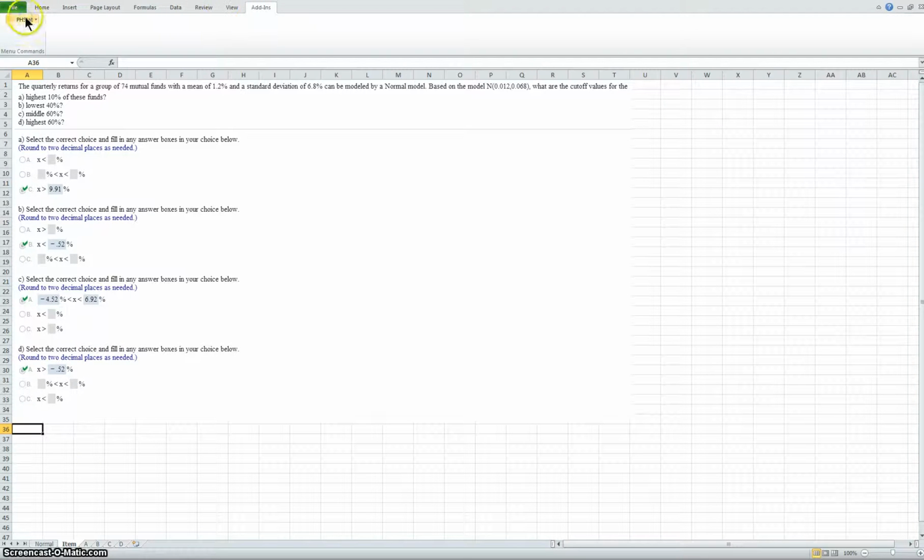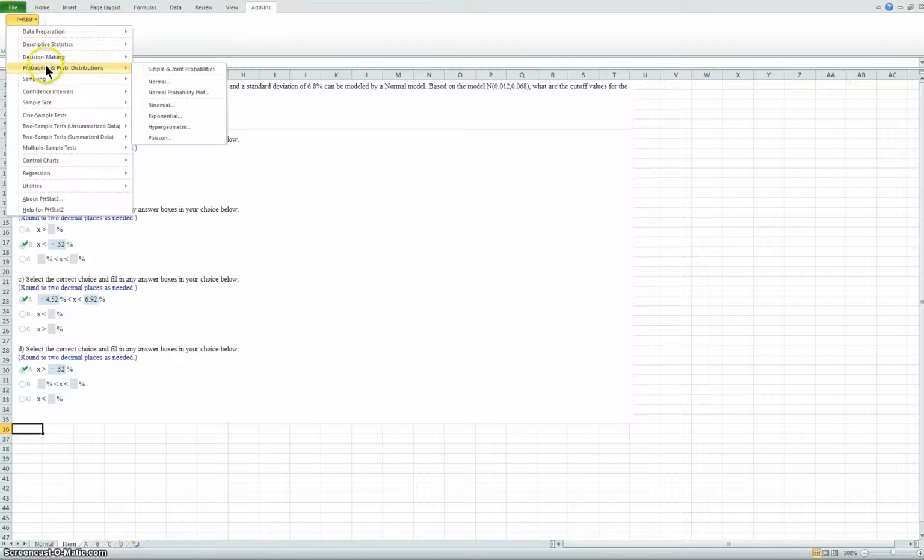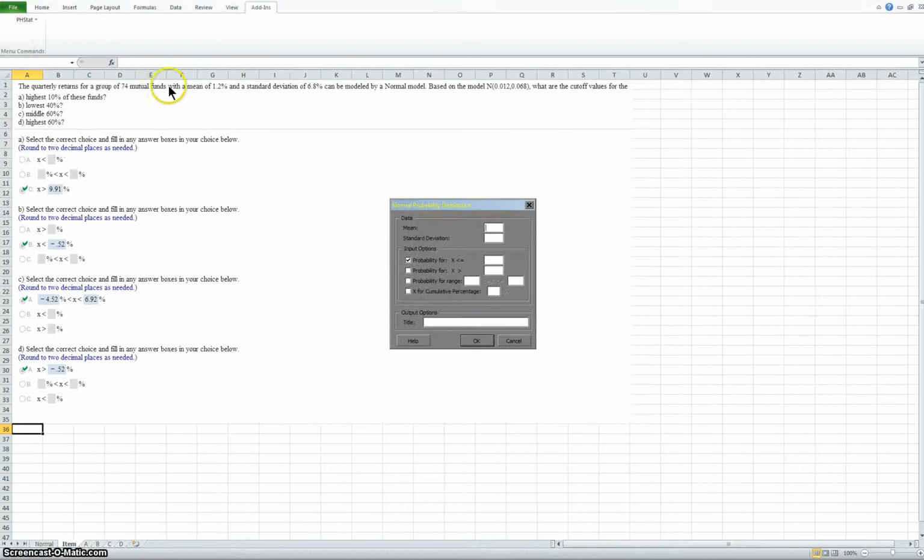Part B, again, we just go to probability, normal. Again, we plug in our mean and our standard deviation. Now it's asking for the lowest 40%. We're solving for X for a cumulative percentage.